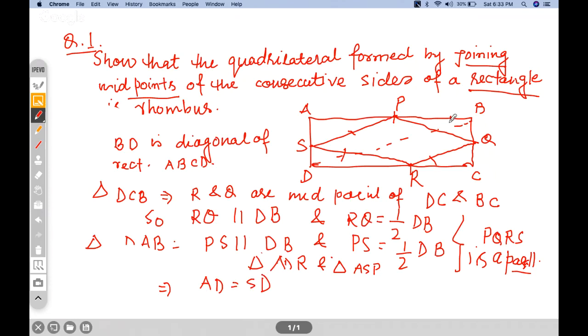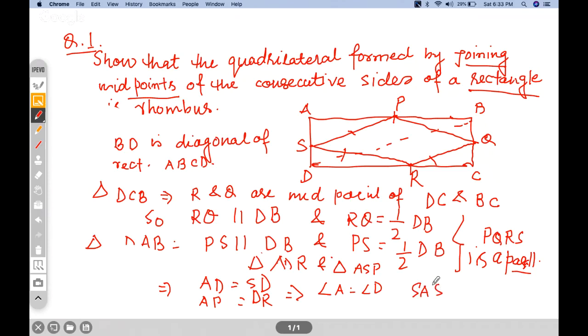I also know that as AB is equal to DC, half of it would be AP is equal to DR, and I know that angle A is equal to angle D, so it would be SAS congruency.